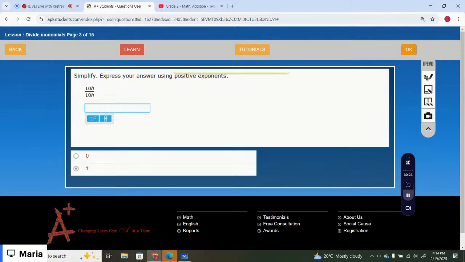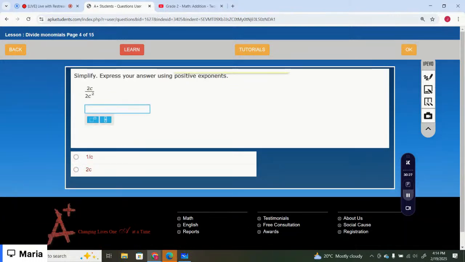That is 1. Option number 2 is the correct option. 2c divided by 2c squared. That is 1 by c. Option number 1 is the correct option.